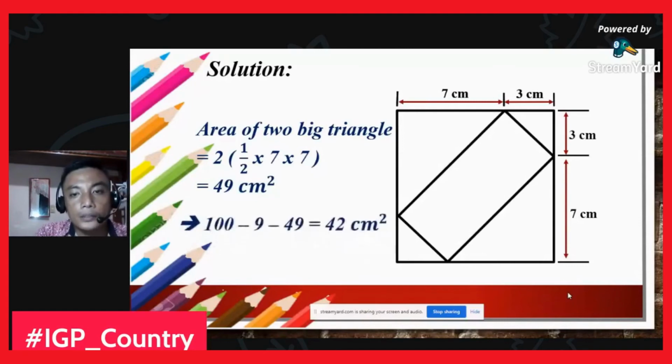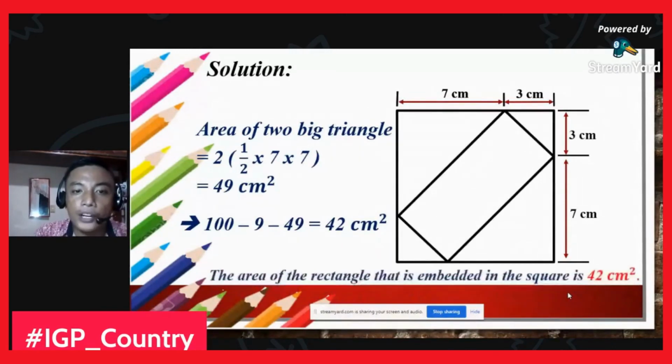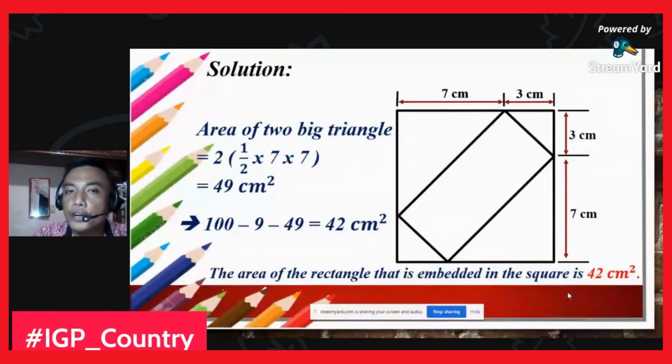Then we could now compute the area of the rectangle. That is 100 minus 9, being the area of the 2 small triangles, minus 49, being the area of the 2 big triangles. So that will give us 42 square centimeters. Therefore, the area of the rectangle that is embedded in the square is 42 square centimeters.